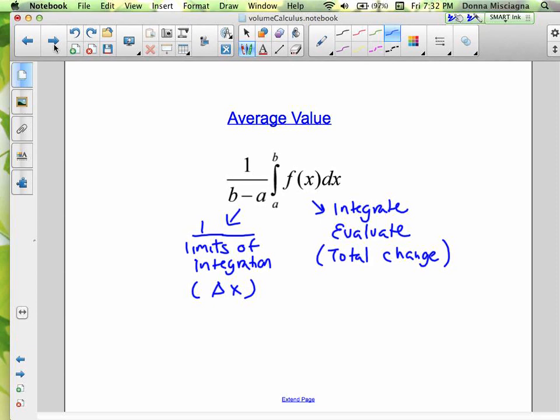And that's all there is to average value. Right? Add those pieces of information underneath the formula so it gives it context. And when you explain something in words, a lot of times it makes the formulas a lot easier to remember. And this is one formula I think is very, very intuitive, right? To find the average, we're just taking the total over the change in the interval. That's all it is.